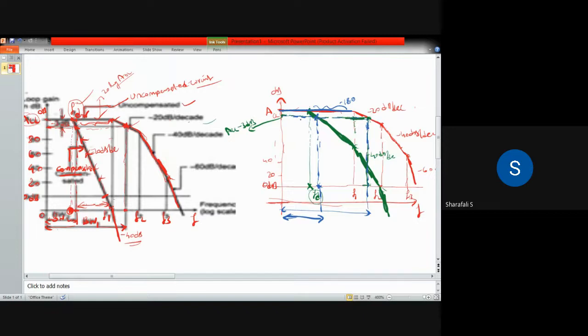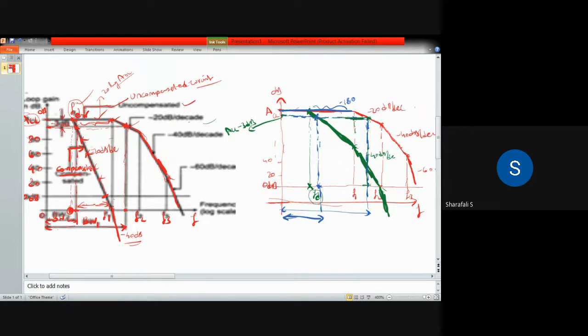Your amplifier will become an oscillator. So if you want to reduce that gain in such a way that A beta will become less than 1, as I discussed earlier, A has to be reduced to avoid that Barkhausen criteria.